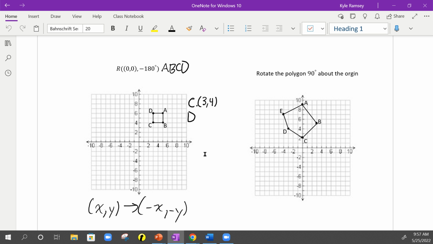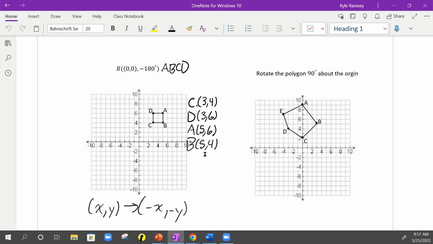B is at 3, 6. A is at 5, 6. B is at 5, 4. So we have those points. Now we just need to take the opposites of those and follow the rule.